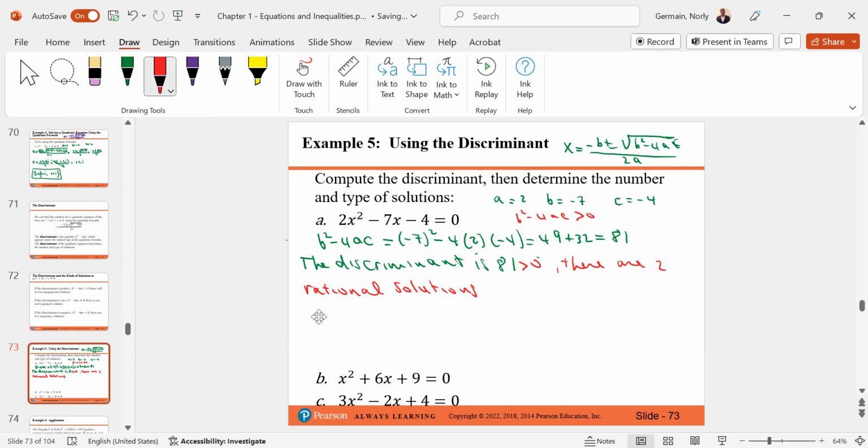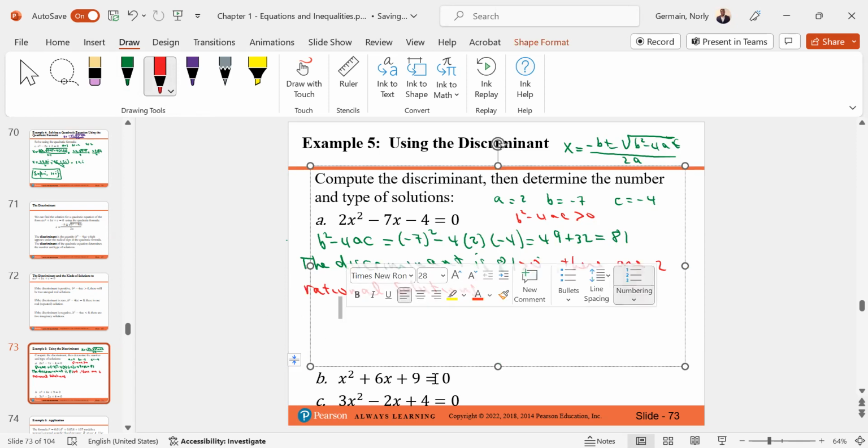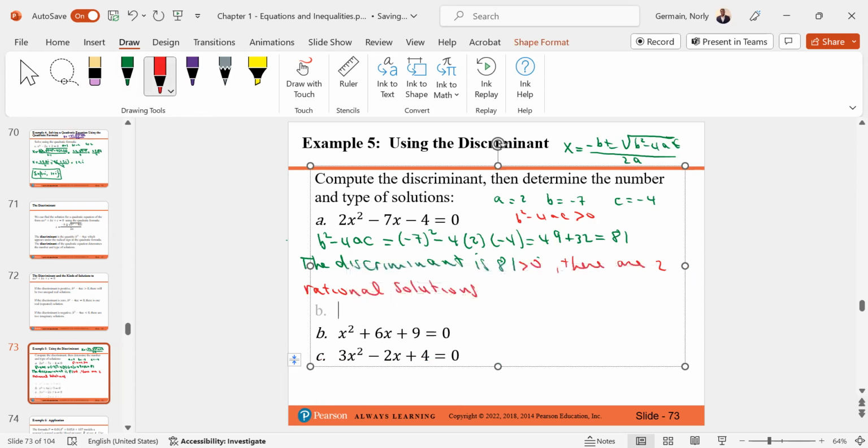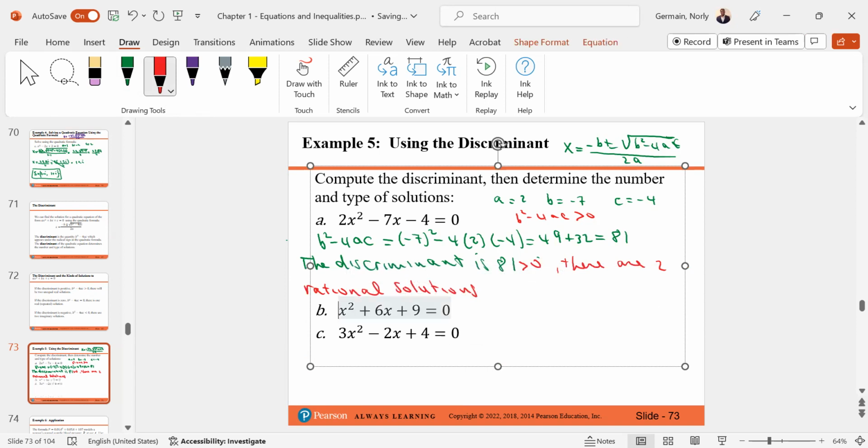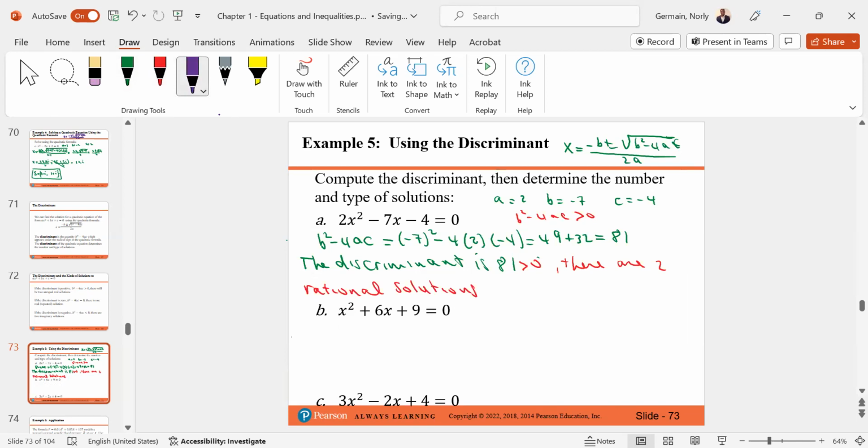But if we look at the next one, let's make some space for this one. Maybe we need to do it a different way. Now, if you look at this one, a equals 1, b equals 6, c equals 9.